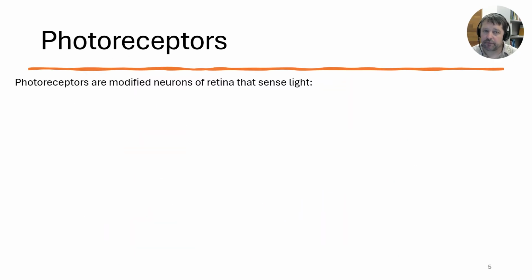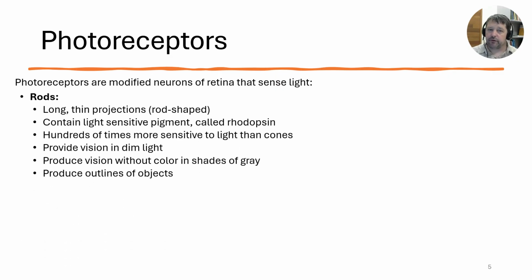All right, let's talk a little bit about the photoreceptors. Photoreceptors come in really two main types. You have rods, and they get their name because of their shape. They also have a pigment in them called rhodopsin. To remember rod and rhodopsin is pretty easy, they're associated with each other. That's a light sensitive pigment, but not from a color perspective.